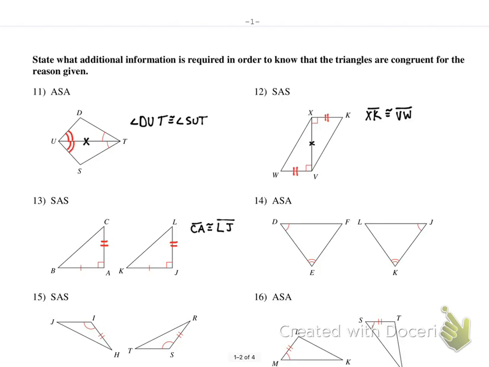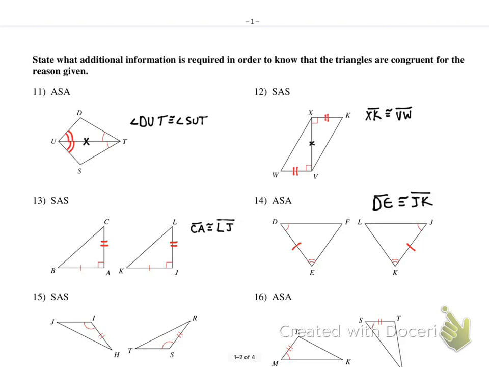Which side are we talking about? There you go. The one in between, so DE and JK. So I'll go ahead and mark it right here with my congruency marks, but then I'll write the statement off to the side. What I still need to know is that DE is congruent to JK.